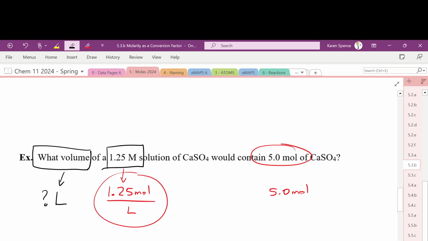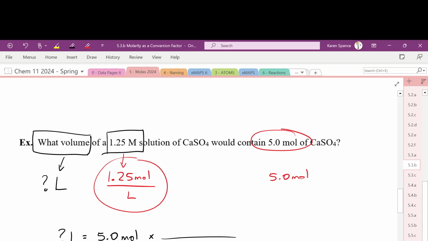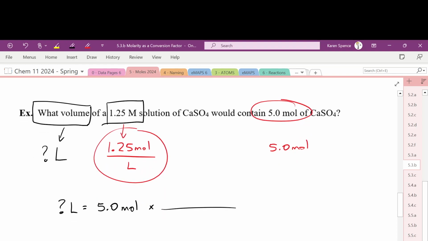So all we'll do is we'll say, I don't know how many liters I have. I am starting with 5.0 moles. What unit do we need to cancel? We need to cancel moles. And where does the liters go? Liters go on the top.